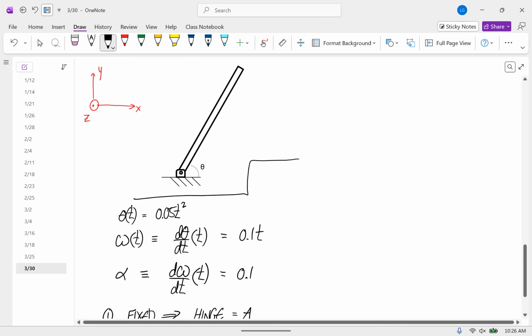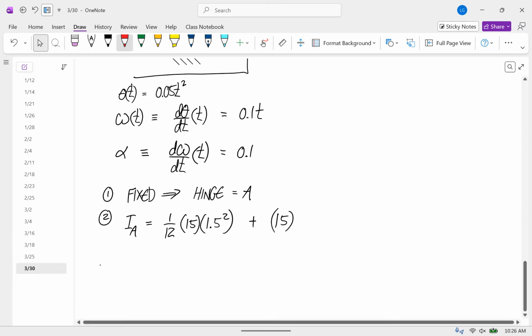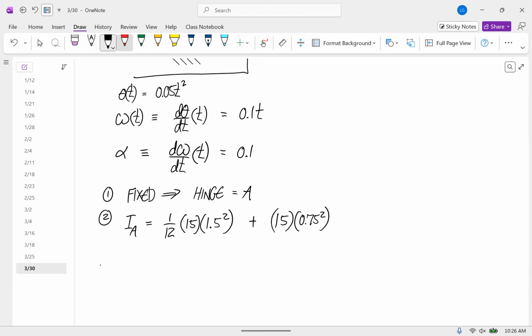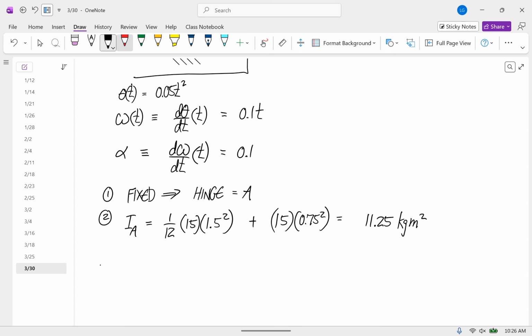Well, the center of mass of this rod is the midpoint, and so the distance is half of the length of that rod. So this is 0.75 squared. So I get 11.25 kilogram meter squared.